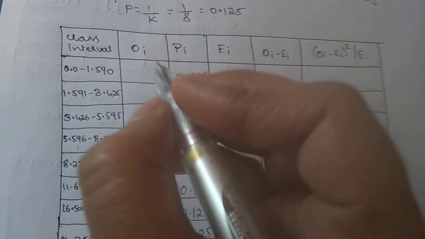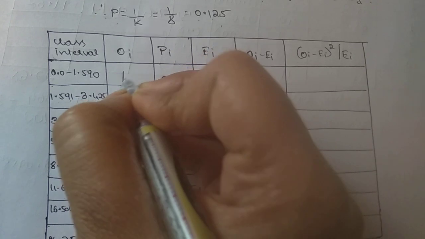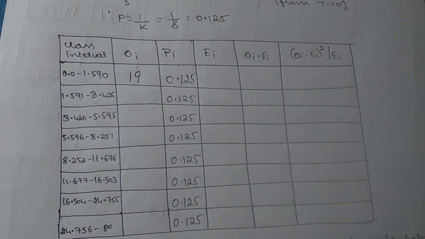Yes, it is 19. From 0 to 1.590, I have 19 count in that table.